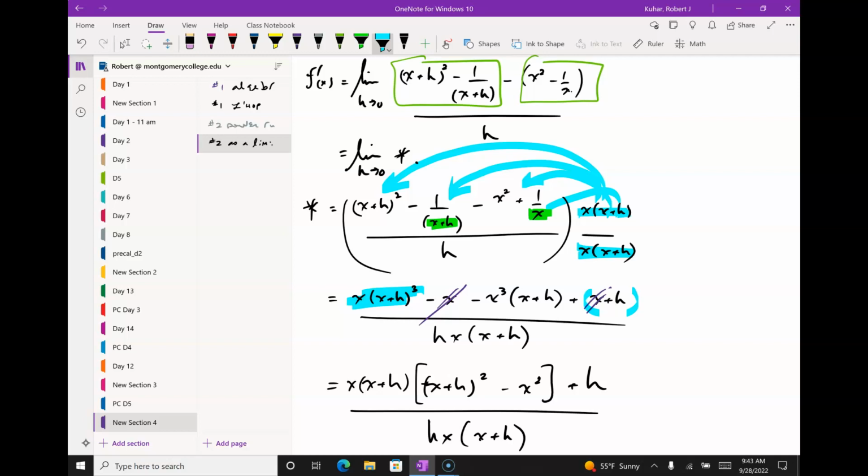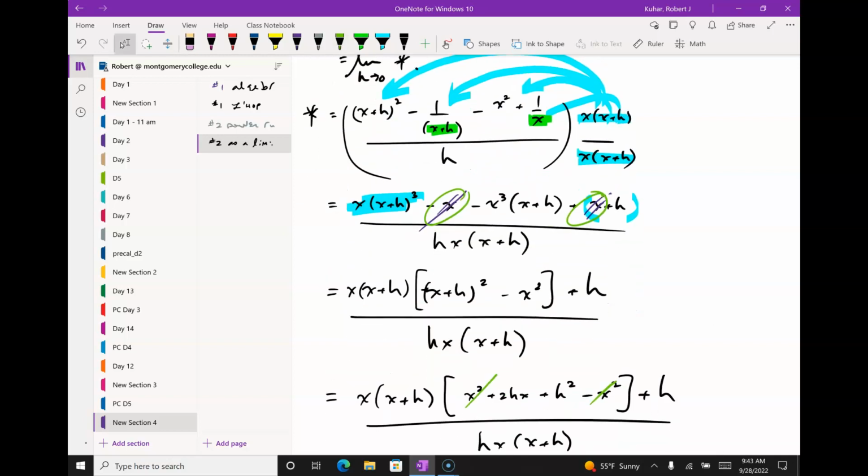If you remember, I said if there are some pieces without a factor of h in them, they had better go away. And you can clearly see that my two x's here cancel. I'm not trying to do too much. I did something in my head, and that's probably where I made my mistake.